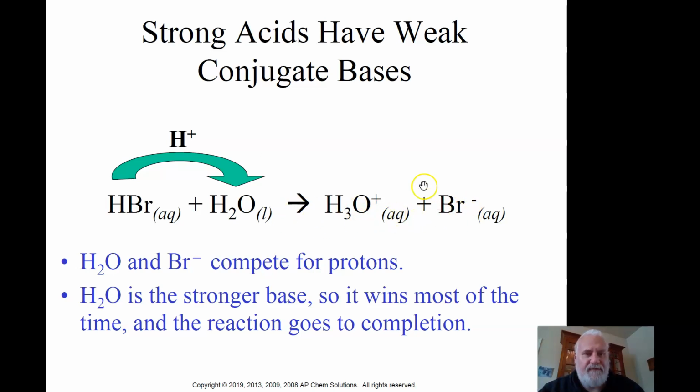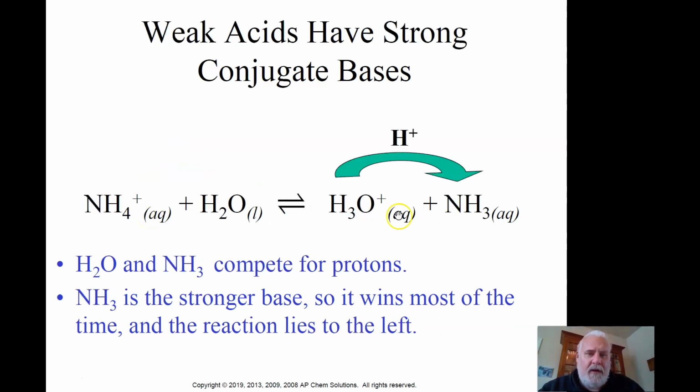So it very much favors the right side of the reaction, because this exchange occurs because H2O is a stronger base. If you think of everything in terms of their desire for wanting to take in a hydrogen, well, HBr doesn't want to do that. It wants to give it. Whereas if you look at this reaction, ammonia reacting with water, you've got these products over here.